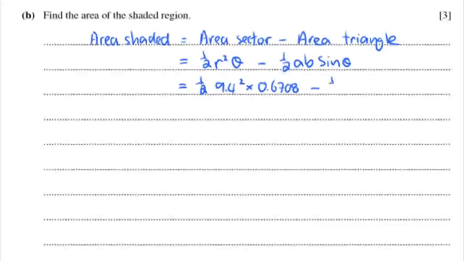And then we're going to subtract a half of 6 times 6, the two sides of the triangle, and the angle between those two sides is the 1.8. Okay, if we use the exact values, we put the angle in the triangle, we'll come up with the area. And that will be, let's go approximately, 12.1 centimeters squared. Done.